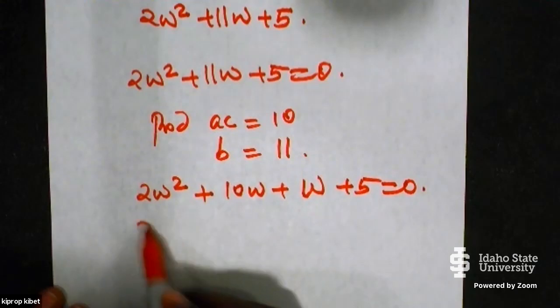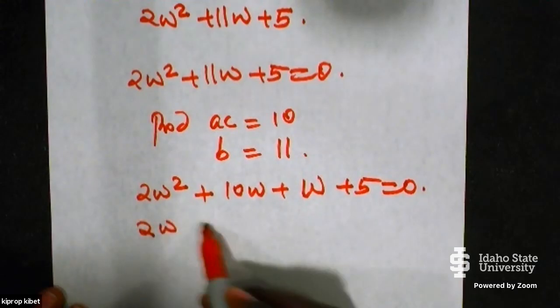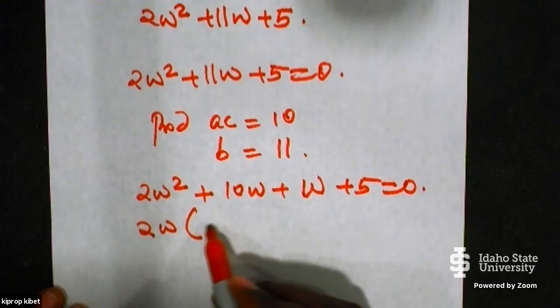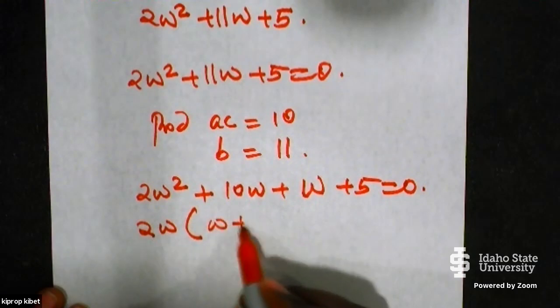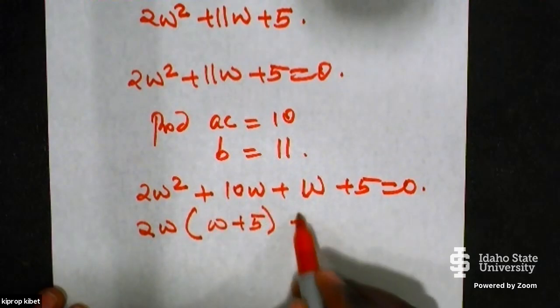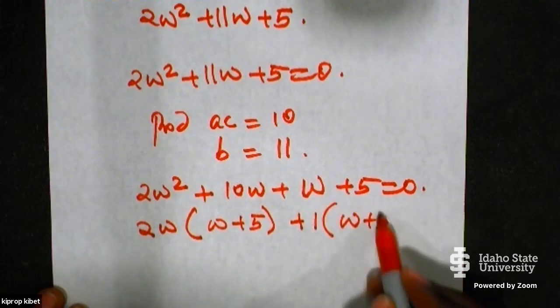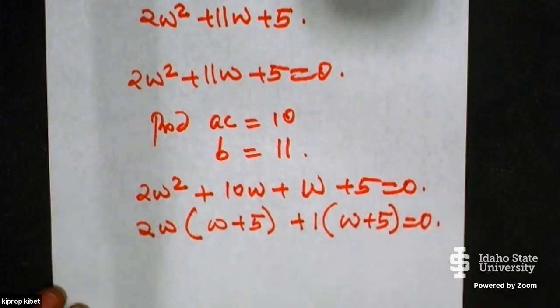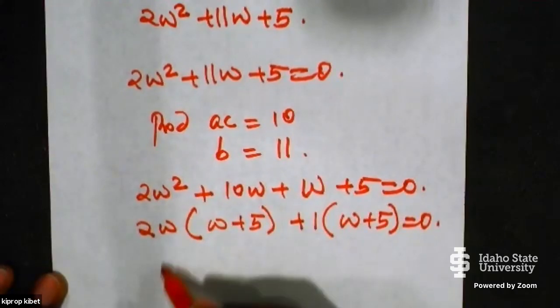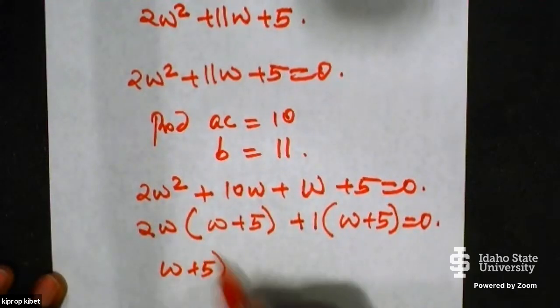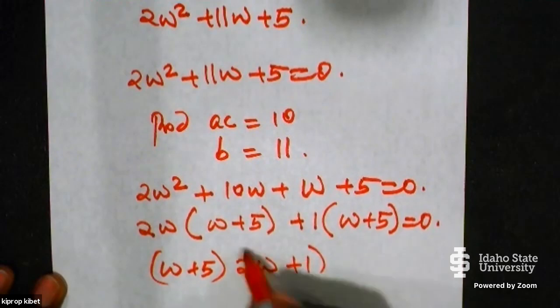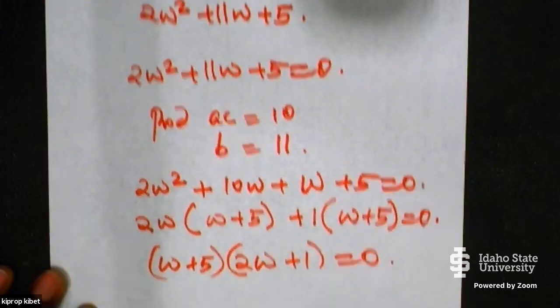So when you factor out 2w there, then what do you get? Then plus, when you factor out 1, then equals to 0. So when you factor out the common factor there, and then what remains there is that one, and then this is equals to.